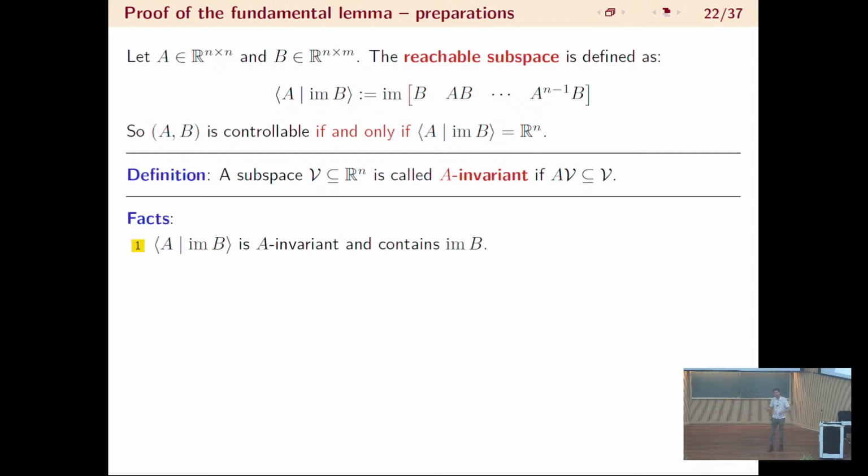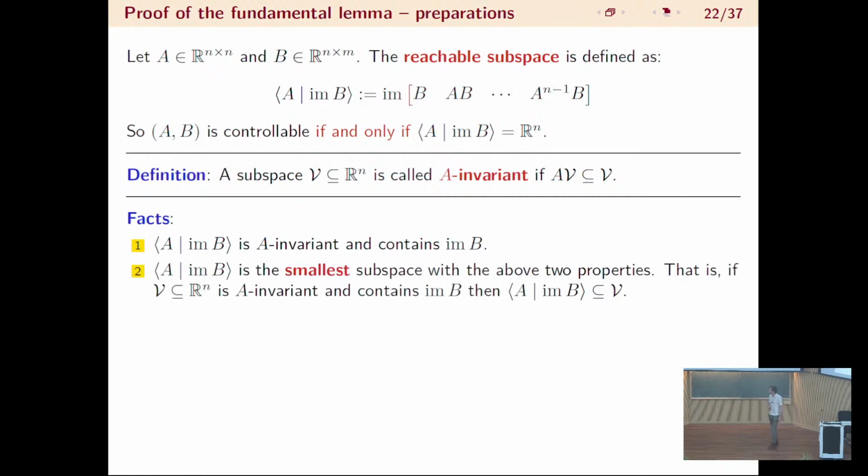There are some facts about this reachable subspace, namely it is A-invariant and it contains the image of the matrix B. A-invariance you can prove using the Cayley-Hamilton theorem, because you know that A to the power n can again be expressed in terms of the lower powers of A. But you can prove a little bit more, in fact: that reachable subspace is the smallest subspace with the above two properties, meaning A-invariance and containing image B. So what does smallest mean?